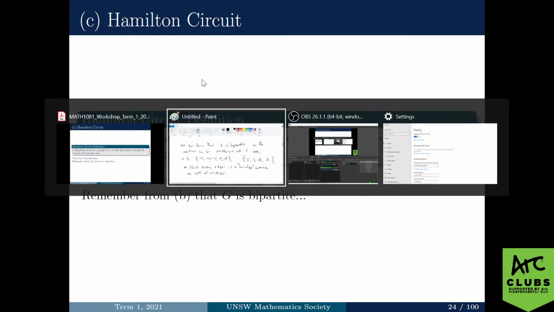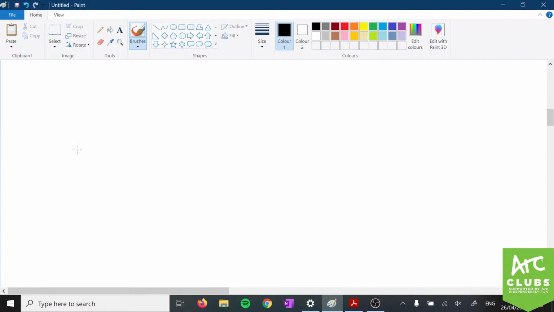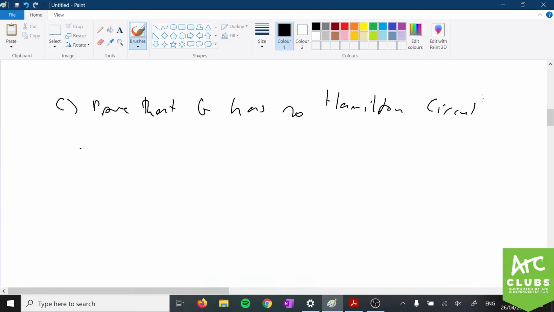Okay, C. Prove that G has no Hamilton circuit. So we're going to have to use the fact that G was bipartite from before.